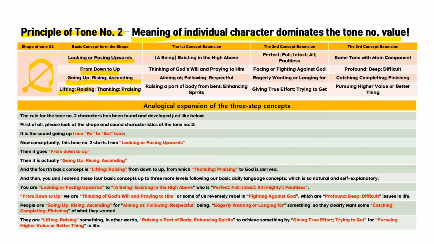Okay, the tone number 2 is the sound going up from re to sol tone. Now conceptually, the tone number 2 starts from looking or facing upward. Then it goes from down to up. Then it is actually going up, rising, ascending.